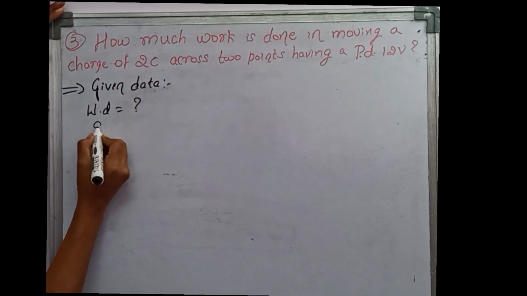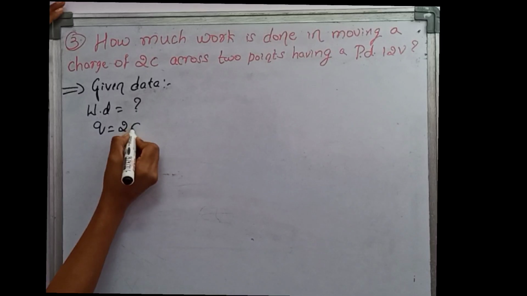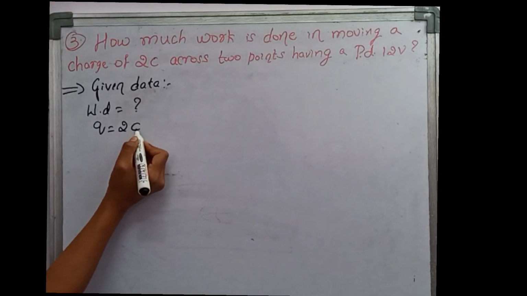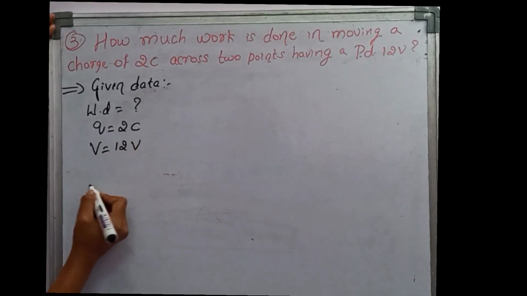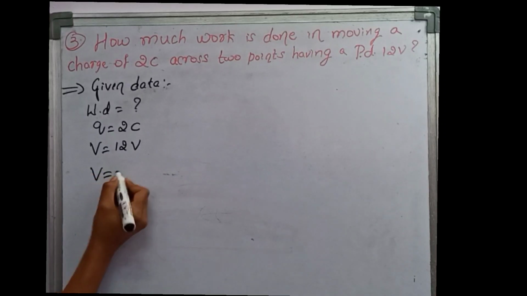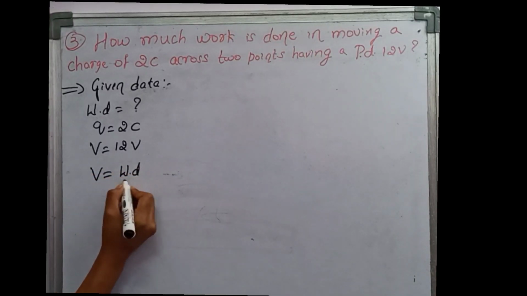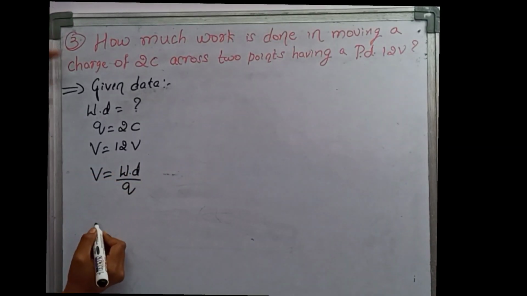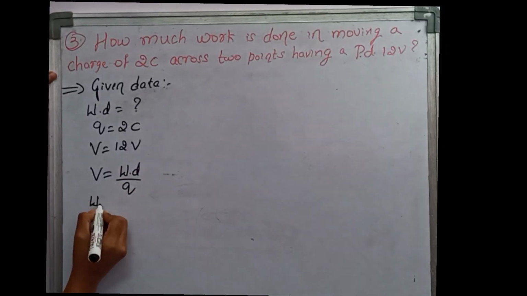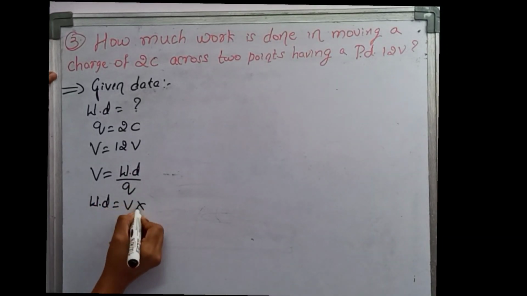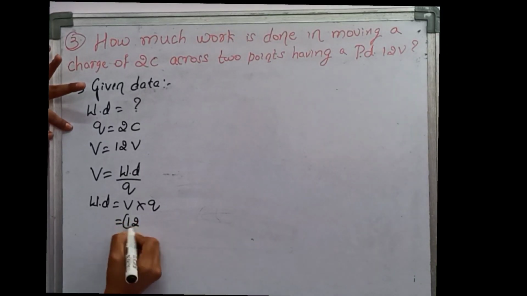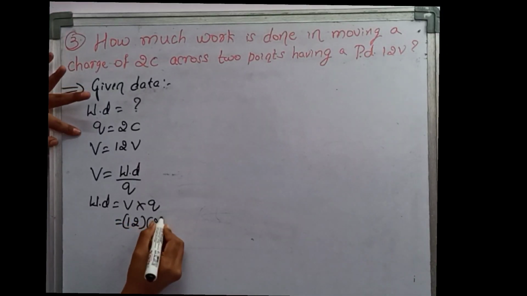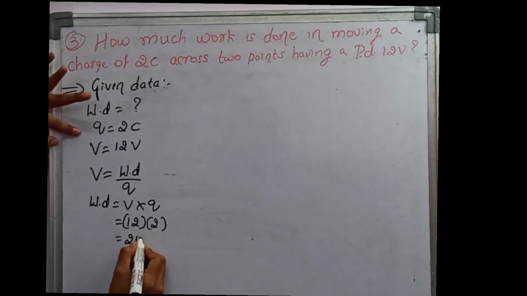They have given the charge, Q equals 2 C, across 2 points having a potential difference V equals 12 volts. We are asked to find the work done. Our formula is V equals work done divided by Q, so work done equals V into Q. V is 12 and Q is 2, so 12 twos are 24.